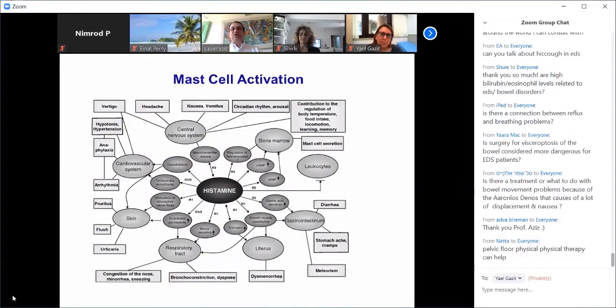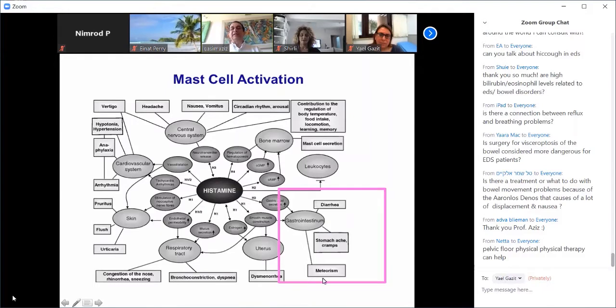But just a word on mast cell activation, and I'm not going to dwell on it because I know that Dr. Maitland is going to be speaking to you about it in much more detail. Just to say that this histamine can have wide-ranging effects on the entire body. But in the gut in particular, it tends to produce stomach cramps, and I should add bloating here as well.